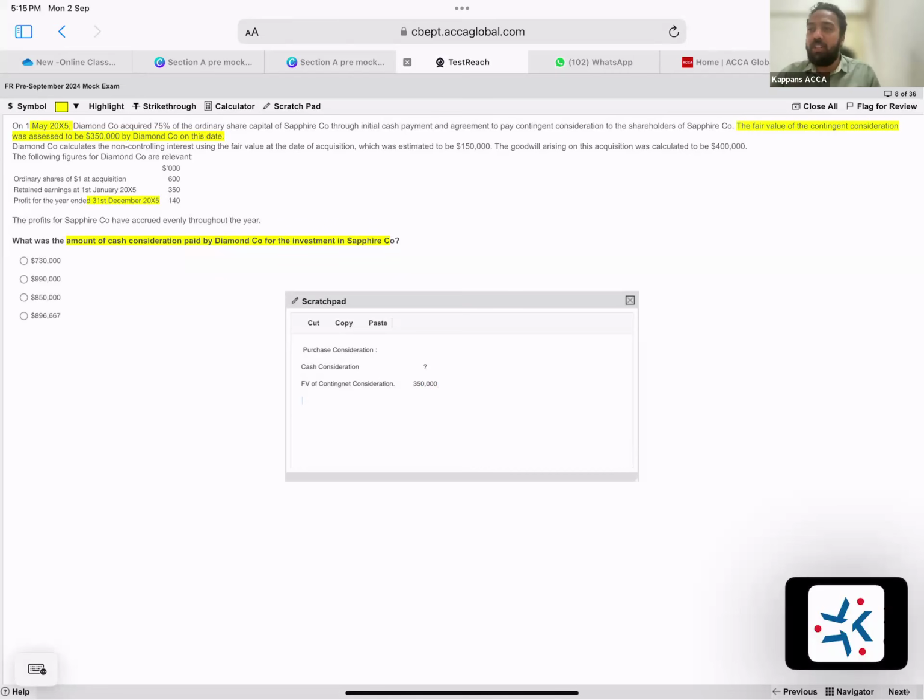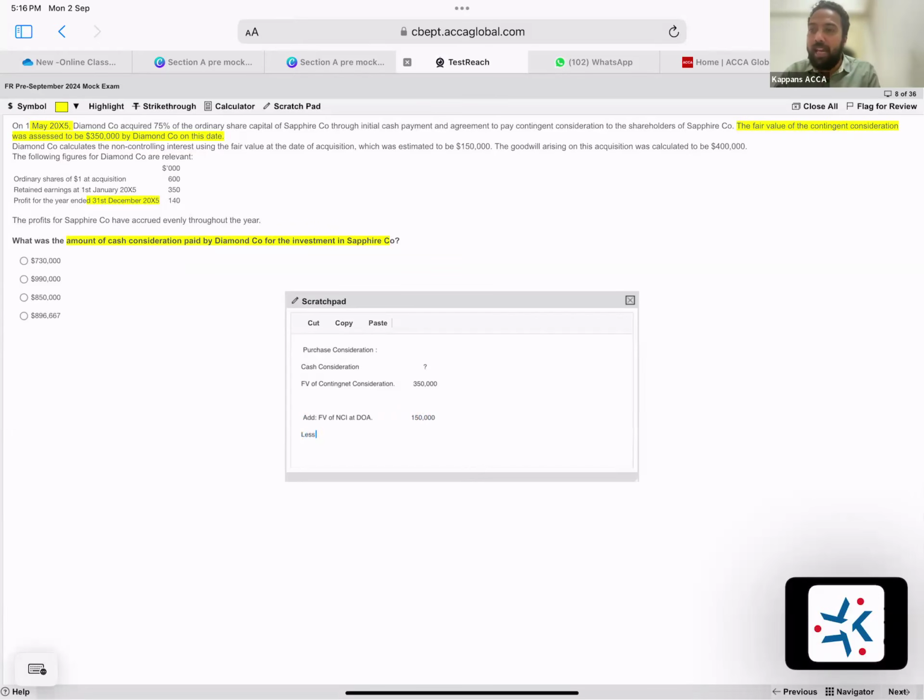Then purchase consideration, that is cash consideration and fair value of contingent consideration, add fair value of non-controlling interest at date of acquisition. How much is the fair value at date of acquisition? It is given in the question, fair value at date of acquisition was estimated to be $150,000. That is also given. So fair value of NCI at date of acquisition is $150,000.